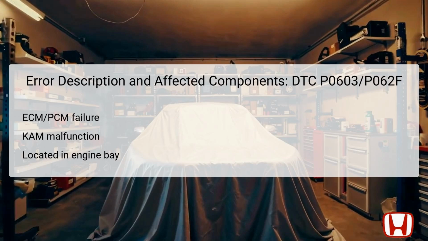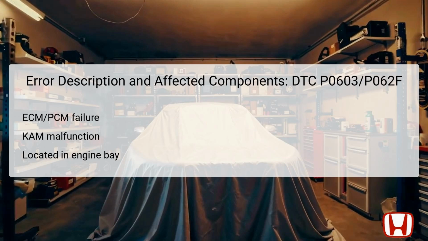The error codes P0603 and P062F indicate a malfunction in the ECM or PCM concerning the Keep Alive Memory. The Engine Control Module, ECM, is responsible for engine management, while the Powertrain Control Module, PCM, oversees both engine and transmission functions.